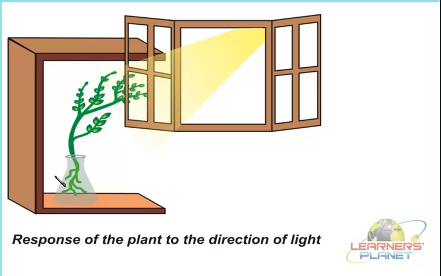Now what you can observe, the growth will begin, right? And as it grows more and more, the shoot part will tend to bend towards the light, and the roots, as you can see in this diagram, tend to grow in the opposite direction. This proves that the roots show negative phototropism, whereas the shoot part shows positive phototropism.